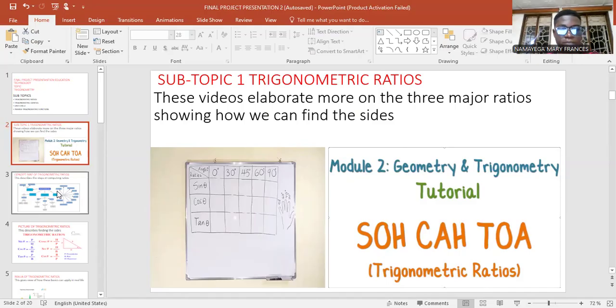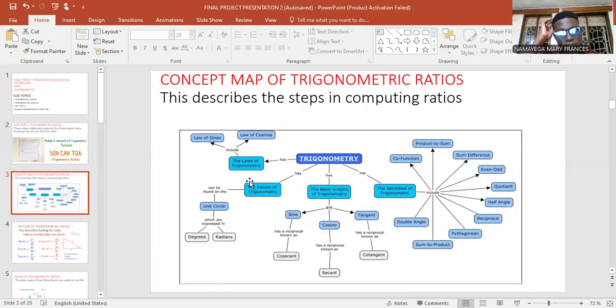Then we have the unity circle concept map showing the trigonometric ratios. So with trigonometric ratios, they follow different procedures. So we have the basic angles, where we have the cosine, sine, and the tangent.